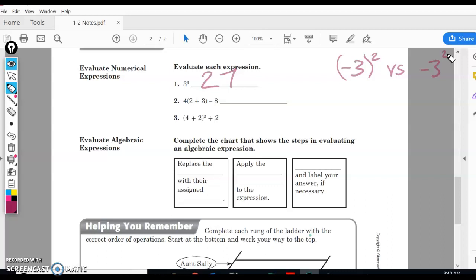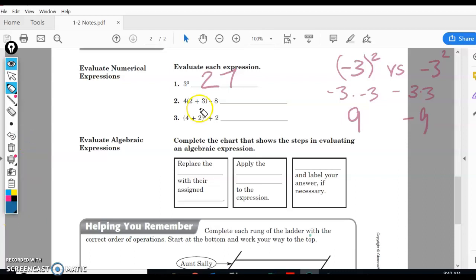Huge mistake people make. If there is parentheses, that's just like saying -3 times -3, which makes 9. However, on this side, -3 squared without parentheses is like saying 3 times 3, but you keep the negative on the outside, which makes it -9. Okay, big mistakes people make there.